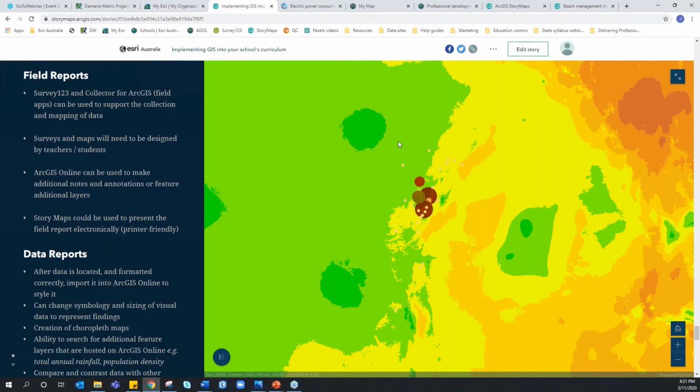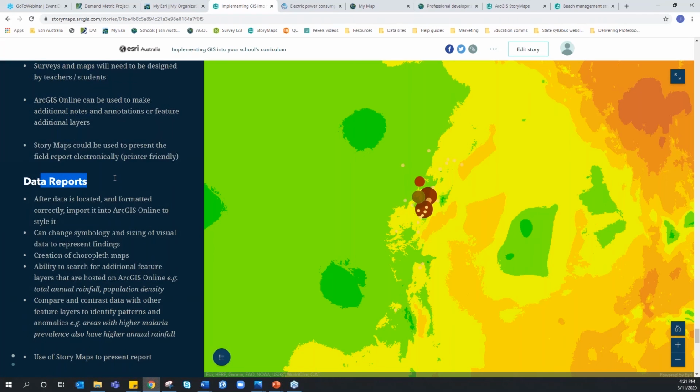In this case, this wouldn't be field report data that's collected. This speaks to the data report itself, but it holds true for the field data as well. In the case of a data report, providing that you've cleaned your data and it's in a CSV format, you can import it into ArcGIS Online.